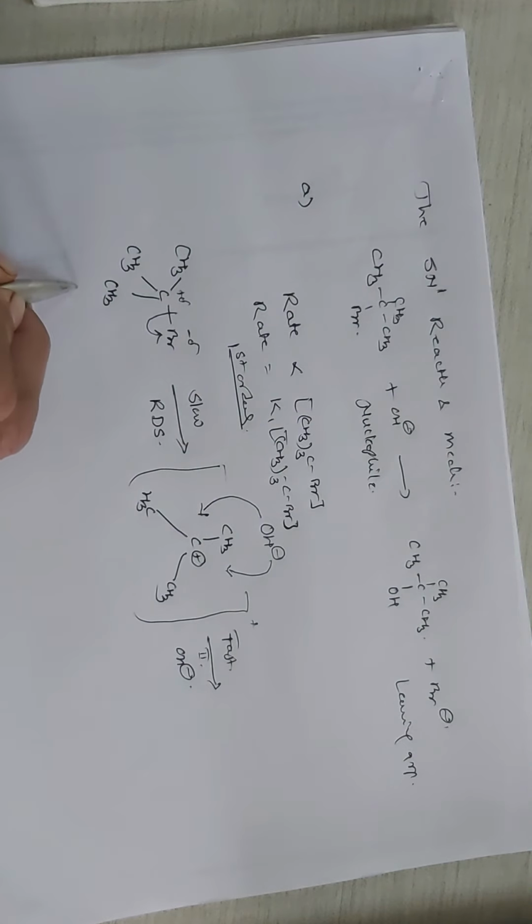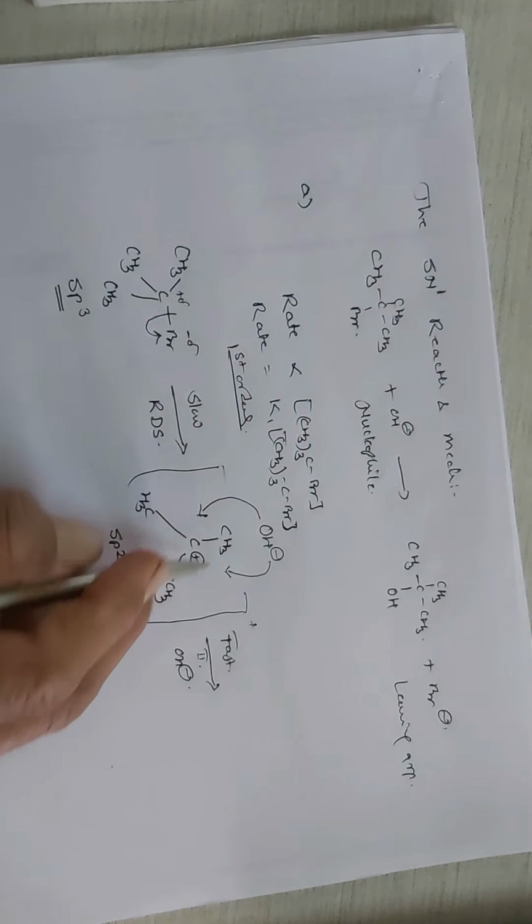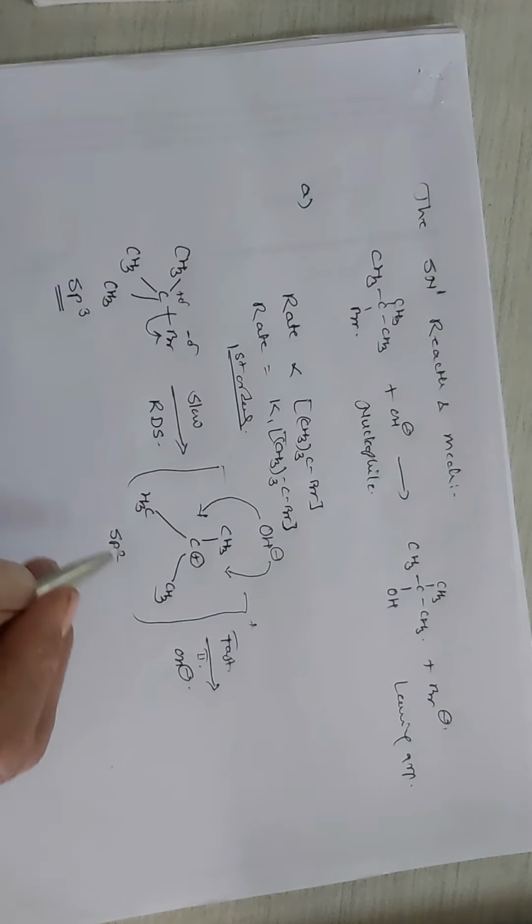If you again see the change in hybridization, it changes from sp3 to sp2. Here the geometry becomes planar.